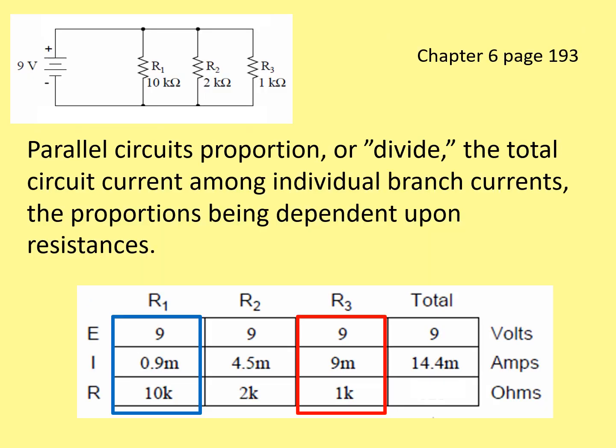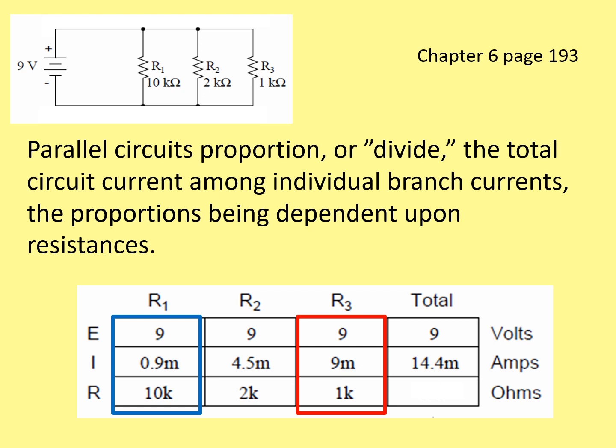Here's a slide we've seen a lot, this particular breakdown. But current is what is different along parallel branches because there are different paths for current, and parallel circuits divide the current in proportion based on resistance.